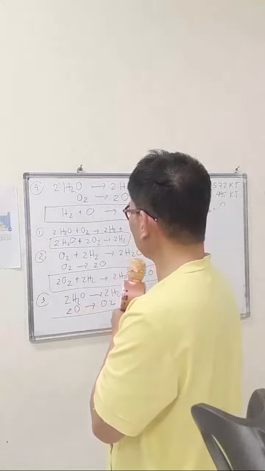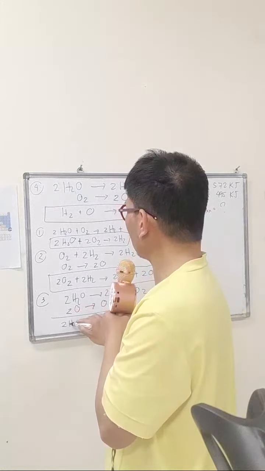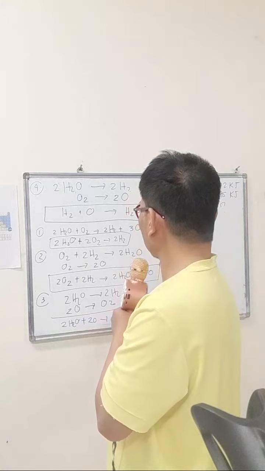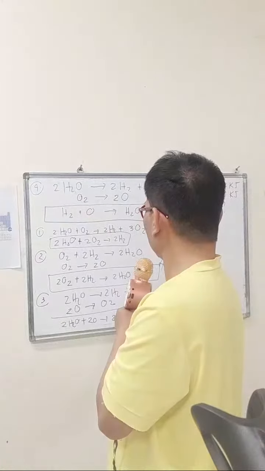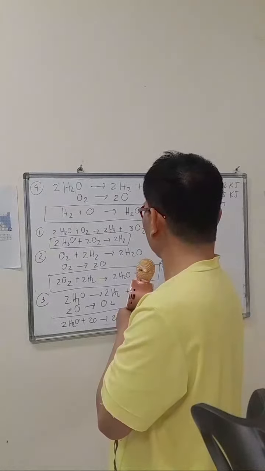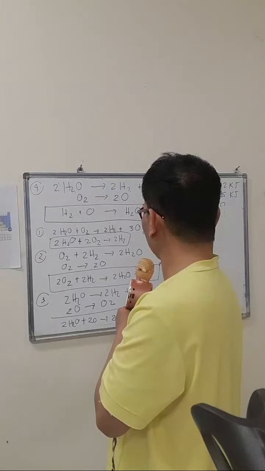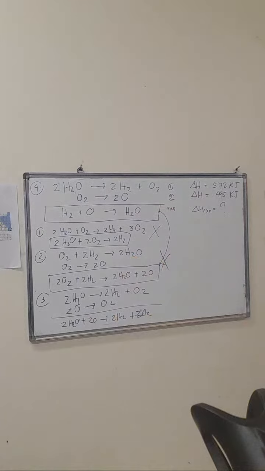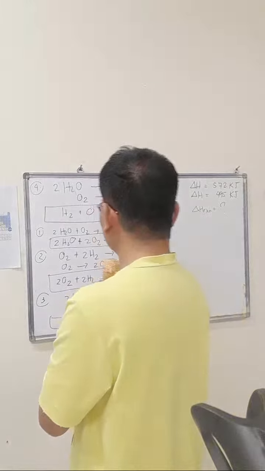So add 2H2O, 2O, 2H2, O2, plus another O2. This is 2O2. So take a look. So 2H2 plus 2O2, H2, 2O2. Is that the same? H2 plus O. No, H2. It's wrong also.